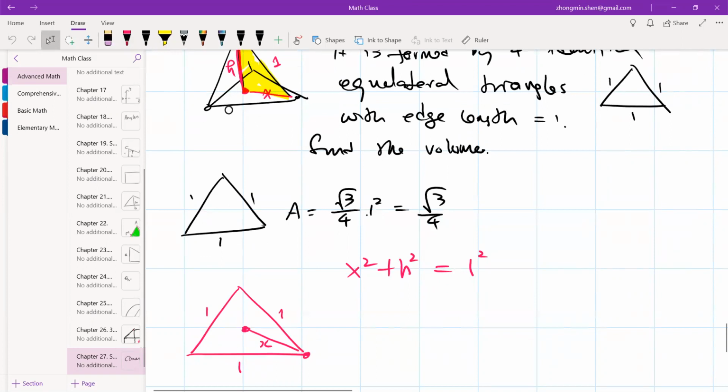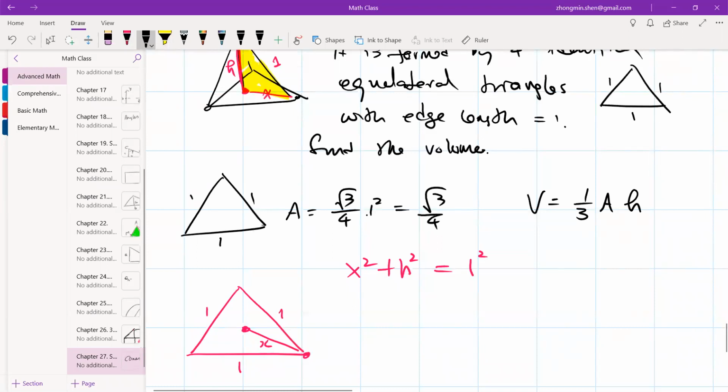If you find the x, then you get h. If you find the h, you can get the volume formula. Volume is going to be 1/3 a times h. You already found the a. Just step by step, right? So how do you find the x?